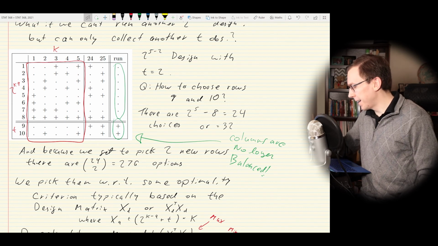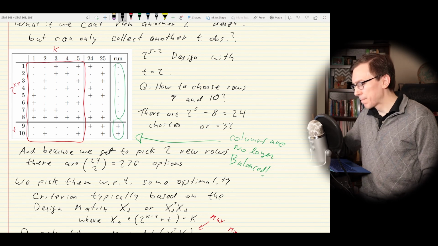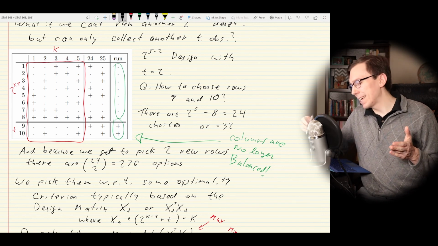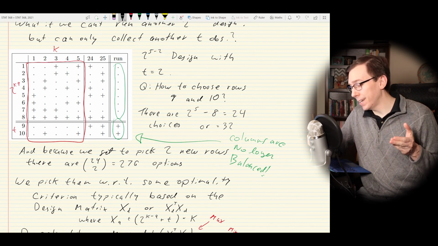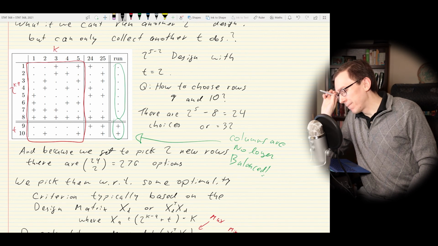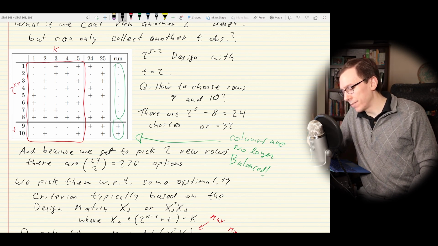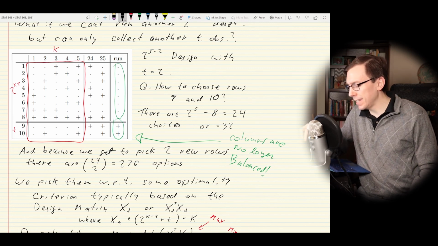I got cut off with the camera here when I was talking about this before. I did want to point out that, again, balanced design means that we have the same number of pluses and minuses in every column. Now, that is destroyed in the case of one of these follow-ups where we don't completely replicate the experiment.